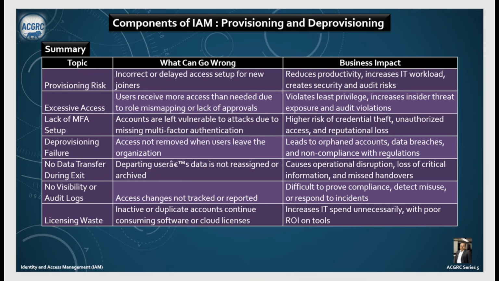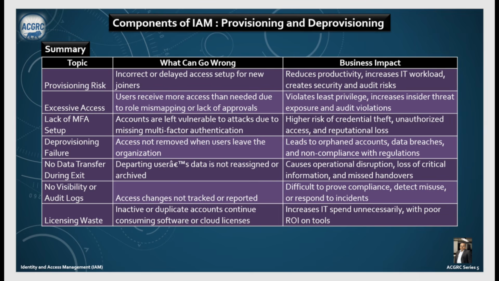From a deprovisioning failure perspective, access is not removed when a user leaves the organization. It can lead to orphaned accounts, data breaches, and non-compliance with regulations. No data transfer during exit: the departing user's data is not reassigned or archived. It can cause operational disruption, loss of critical information, and missed handovers.